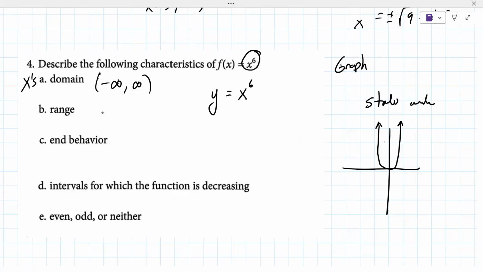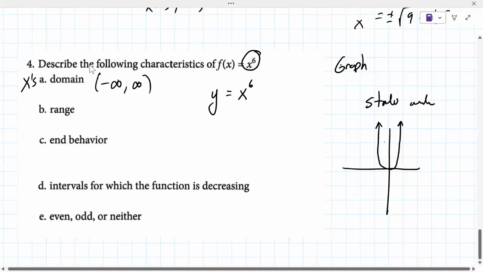The domain is typically always going to be this, unless there's an exception. This is kind of the default to go to.